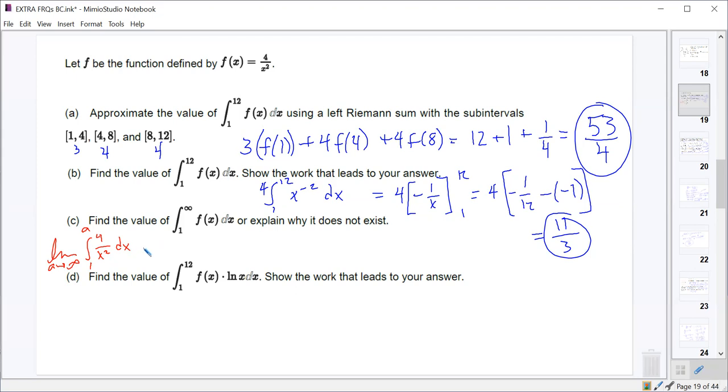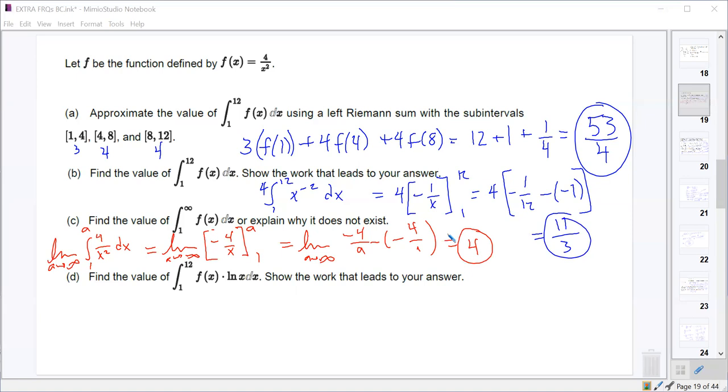So when we integrate this, we end up with the limit as a approaches infinity of negative 4 over x from 1 to a. And so that ought to give us the limit as a approaches infinity of negative 4 over a minus negative 4 over 1. The negative 4 over a is 0 as a goes towards infinity. The negative 4 over 1 is just 4. Everybody good there with part C?